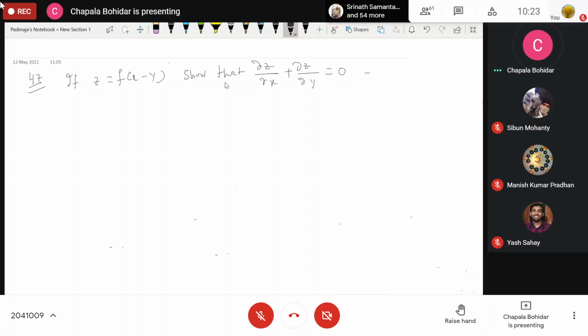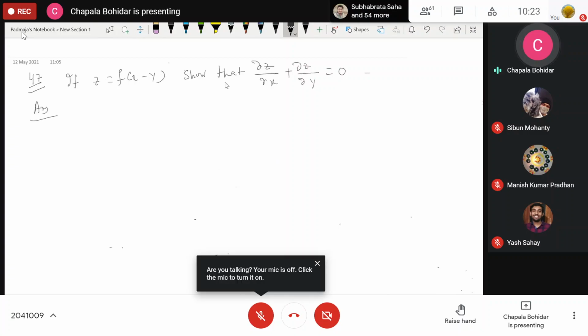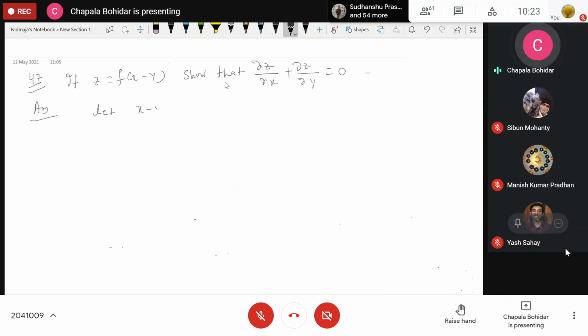Okay. So it is given that z is equal to a function of x minus y. Let x minus y be equal to p. Means p is the function of x, y, where z is the function of p, and p is the function of x, y.